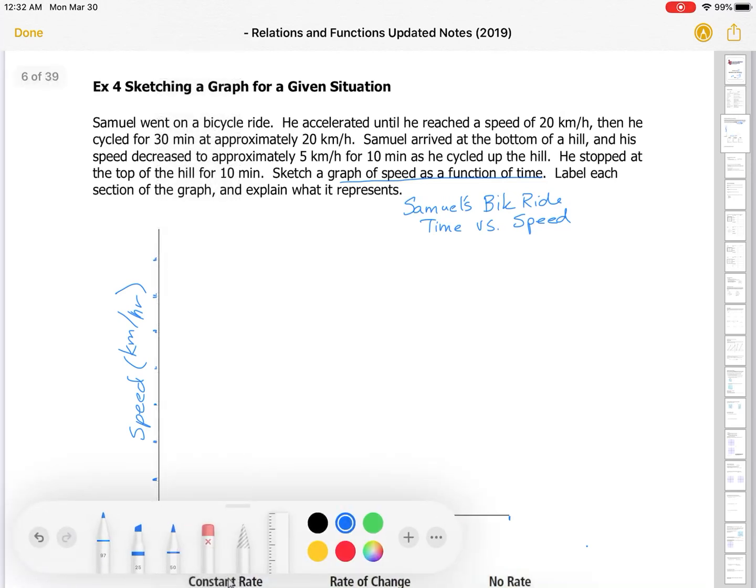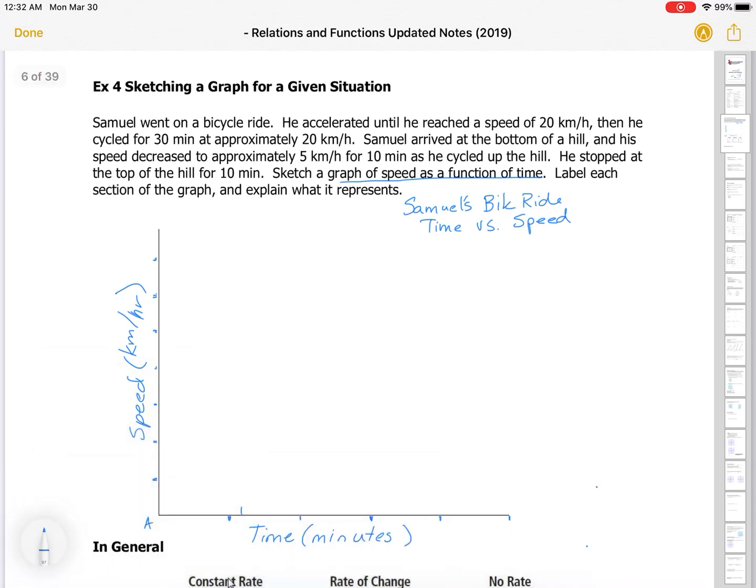Aren't I nifty? So we're looking at our time, 10, 20, 30, 40, 50, and our speed, 5, 10, 15, 20, etc. And then we're going to graph this.